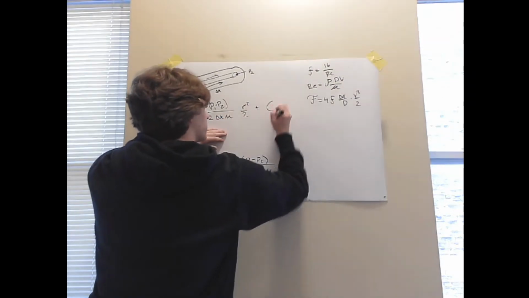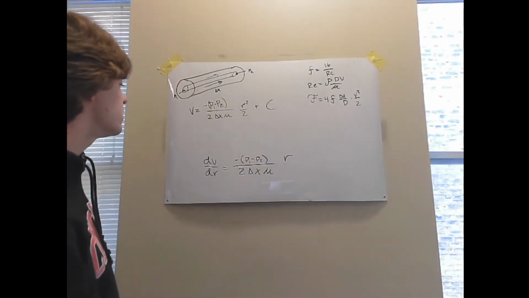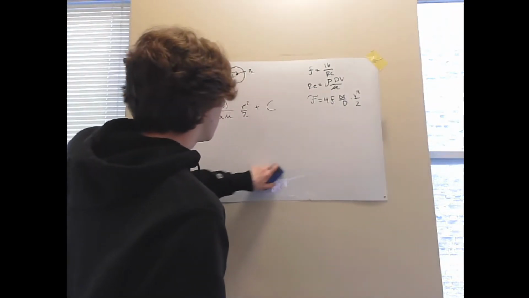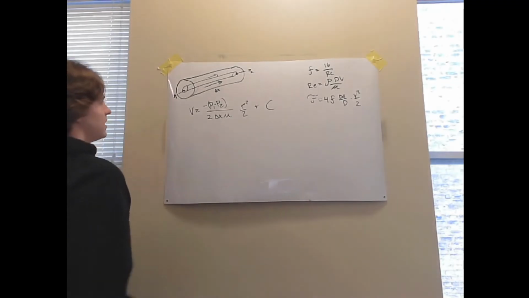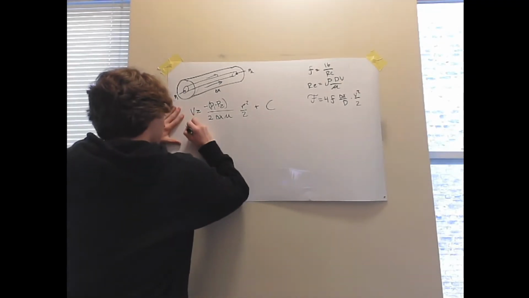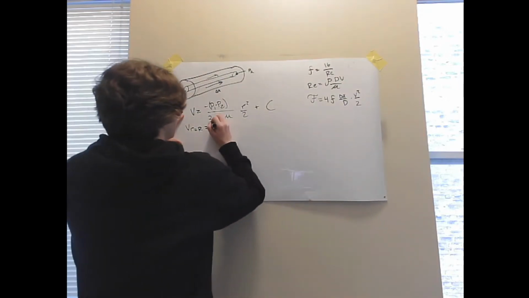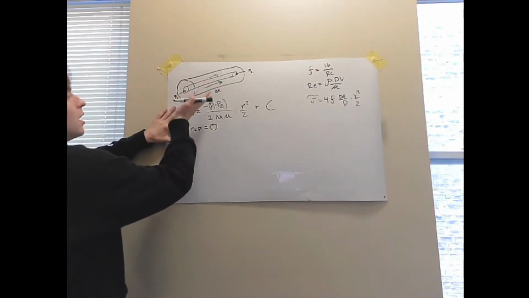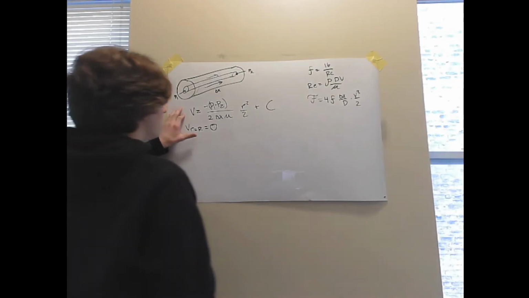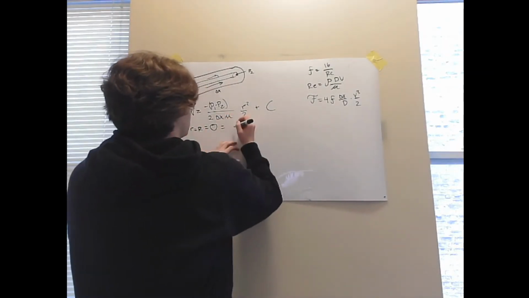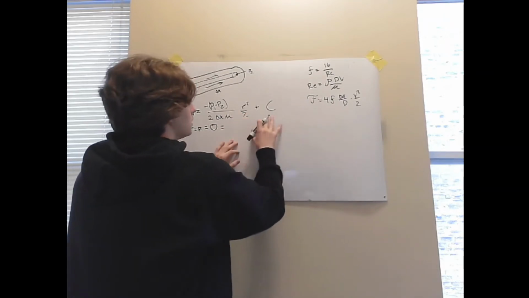And like I said, we're going to have the constant of integration. Now we can go ahead and use a point that we know to find this constant of integration. And the point that we're going to use is where r equals big R. Because at this point, the velocity is going to be equal to 0 because it's against the side of the pipe. And then we can go ahead and just plug this in and solve for C.